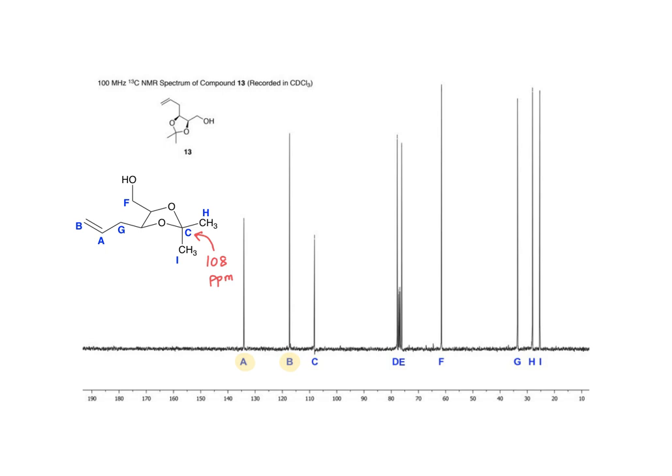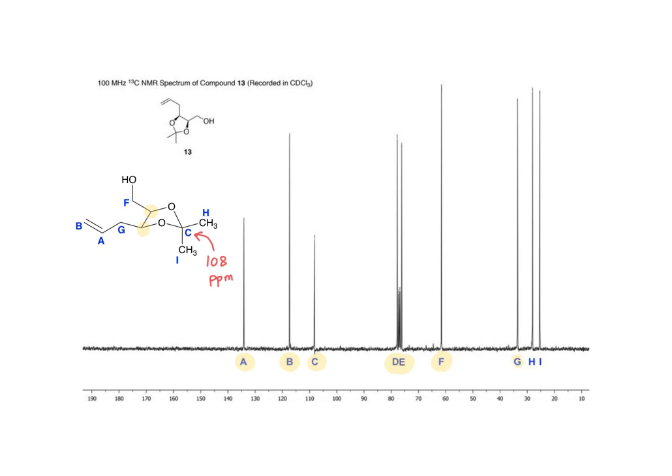In addition to assigning carbon C, carbons D and E around 77 parts per million are consistent with the methine carbons bonded to oxygens. But we can't really distinguish which one is D or E without more information. However, F fits for a primary alcohol carbon.